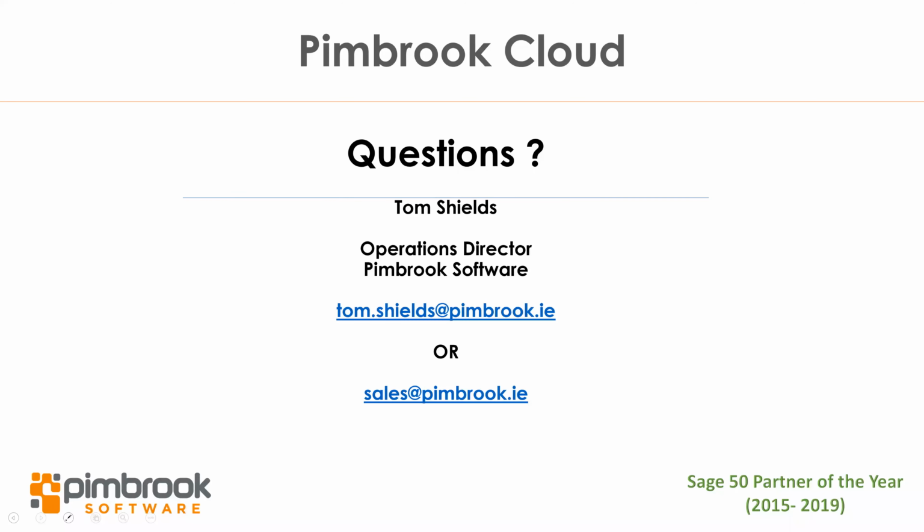Your Office 365, if you want to fully integrate with that, what we would recommend is that you install it. With Office 365, you can install a number of instances, so you would install that on your Pimbrook Cloud desktop and then fully integrate with Sage that way.